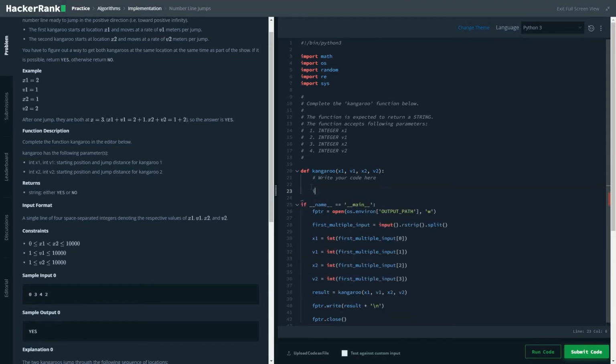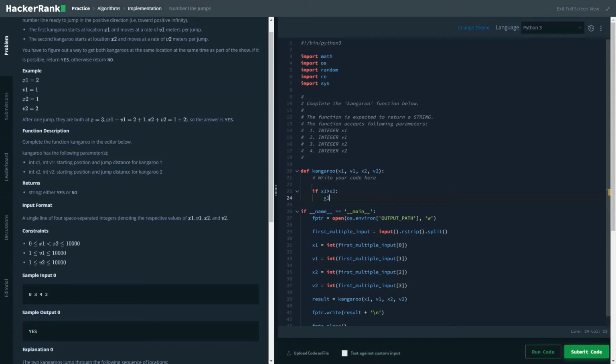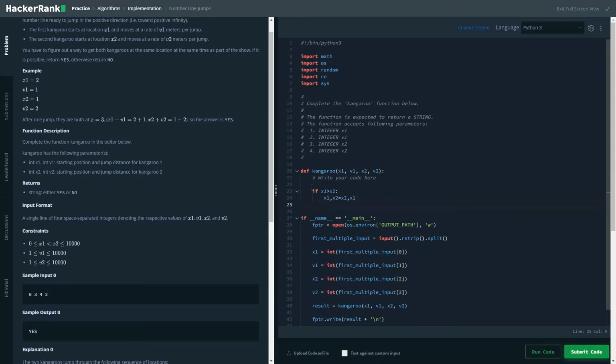But let's try that. If x1 is greater than x2, x1, x2 would become x2, x1, and v1, v2 equal to v2, v1.